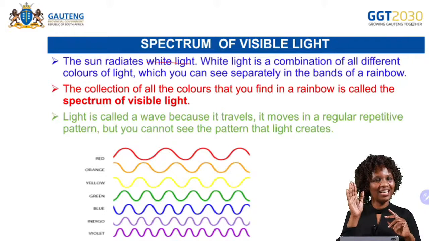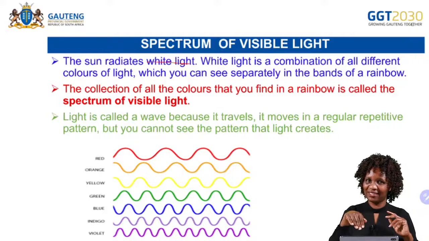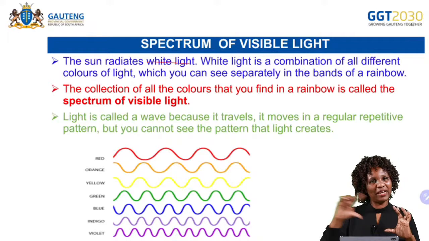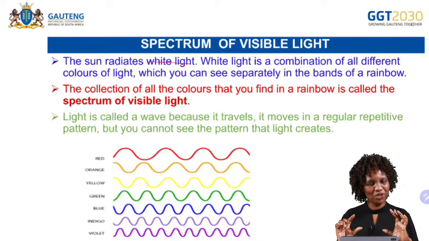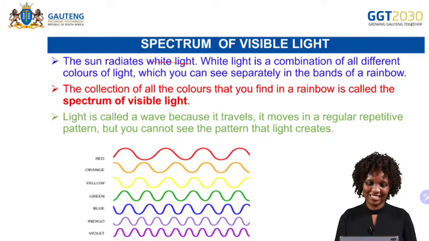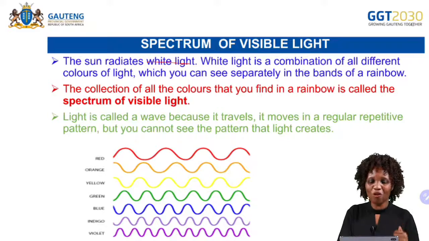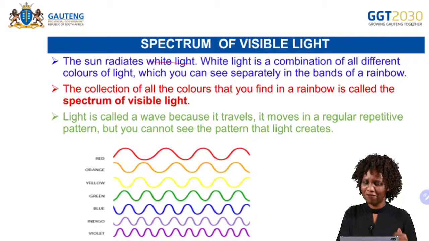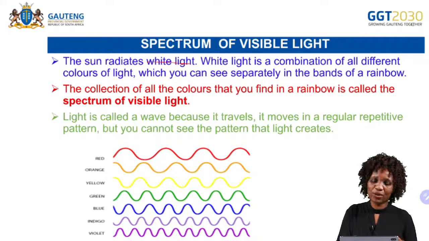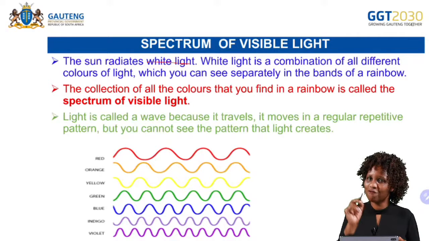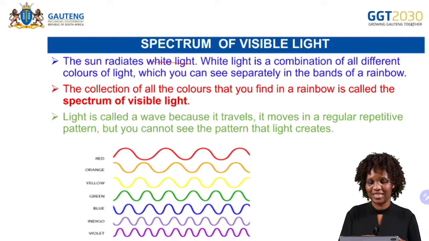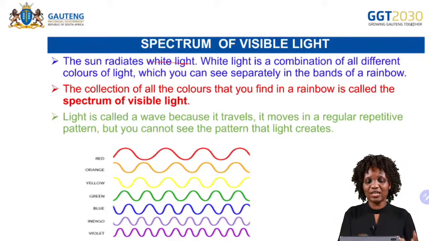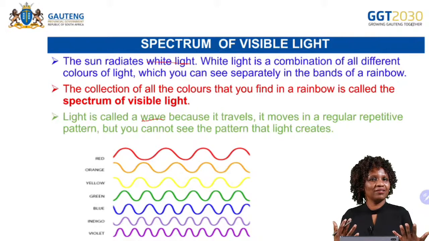We said the light will bend. And then it will split, producing the colors of the rainbow. Do you get that? That's very good, grade 8. And then the collection of all the colors that you can find in a rainbow is called a what? A spectrum of visible light. That is a band of colors. And then light is also called a what? A wave. Why? Because it travels. Okay.